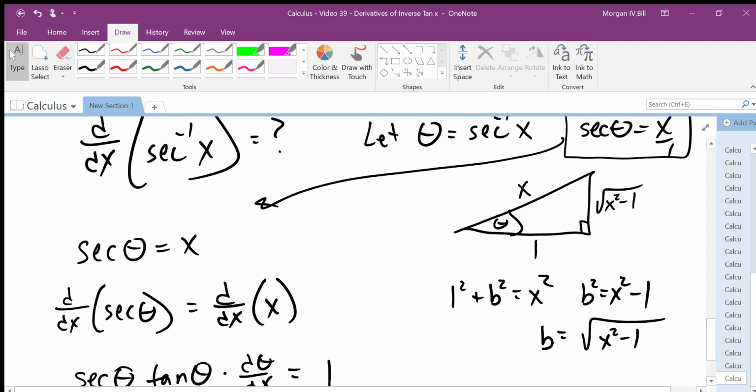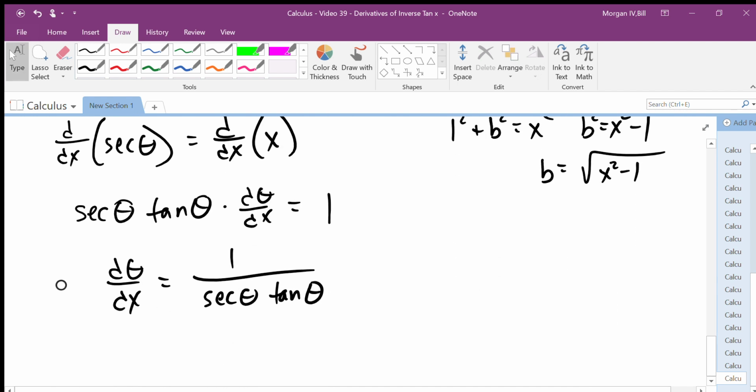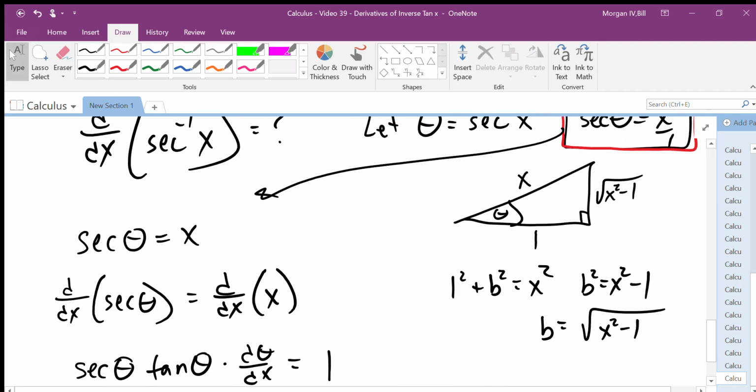All right, secant theta, don't work too hard on that one. We already have it right here. Secant theta is equal to x. So I can replace secant theta with x. Okay, tangent theta, however, we'll go back to the triangle. Here's theta. Tangent is the opposite over the adjacent.